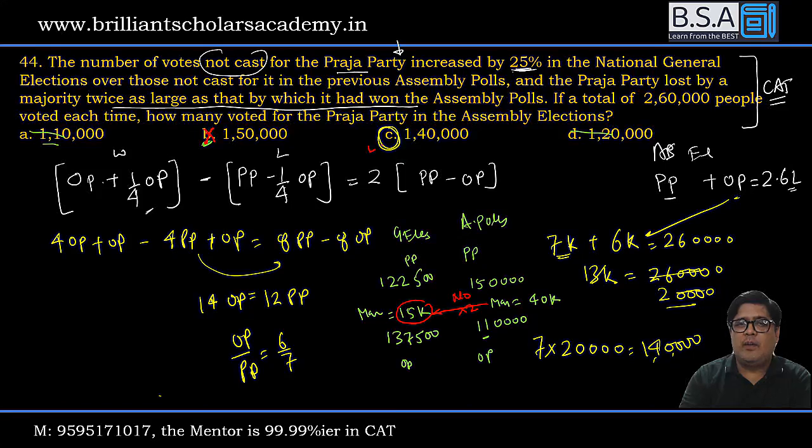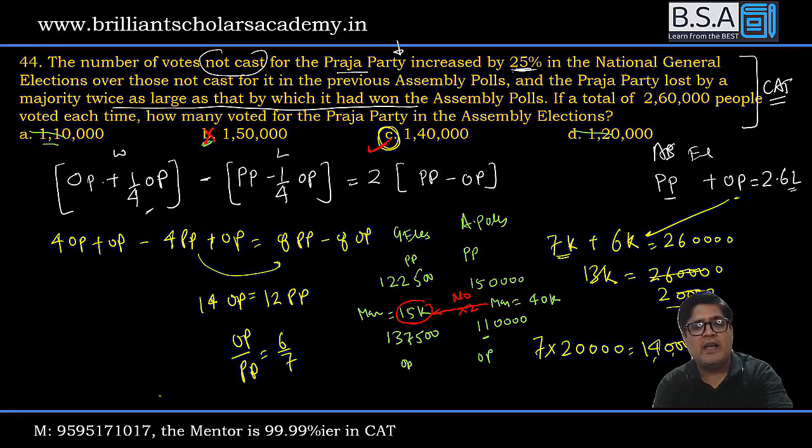The only answer option is C. देखो C को use करके if I prove it for you, तो आंसर को यूज करके फिर से आंसर लाना हो गया. तो deliberately I proved that option B is wrong. What you do is you actually find out their votes. 1,50,000, 1,10,000. You increase it by 25%.